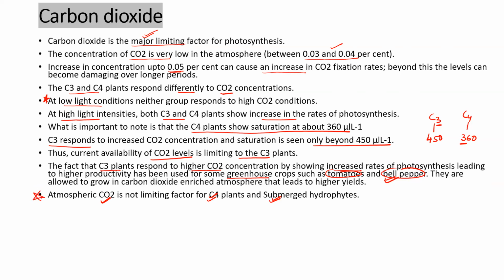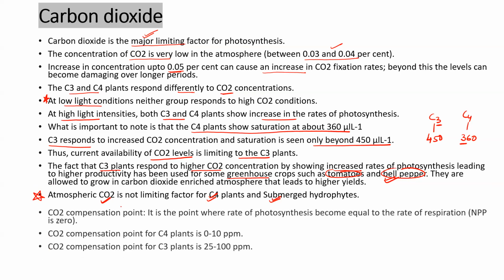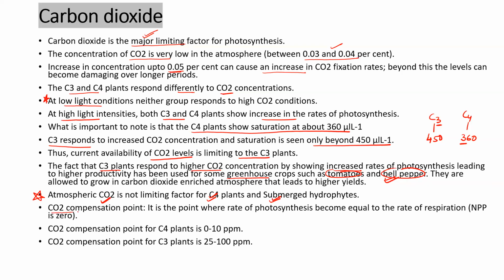This is extra information outside your NCERT, but in a few competitions they can ask. Carbon dioxide compensation point is the point when the rate of photosynthesis is equal to the rate of respiration. For C4, it is 0 to 10, and for C3, it is 25 to 100.